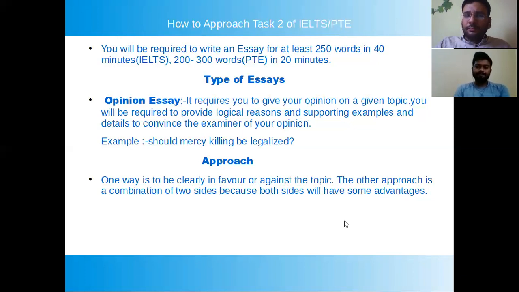So as I told you earlier, one way to approach IELTS writing tasks and generate ideas is to indulge yourself in a lot of reading, right? Let's say you can start reading anything, like fiction or non-fiction, or even a journal or an article from a magazine, editorials.